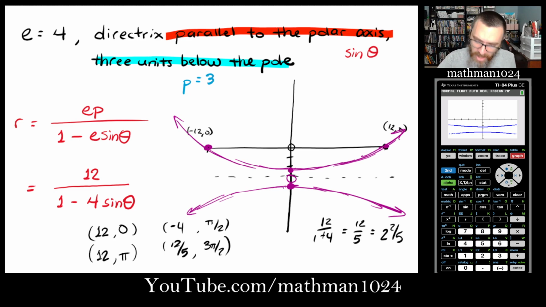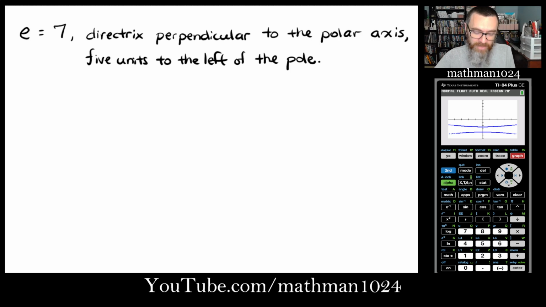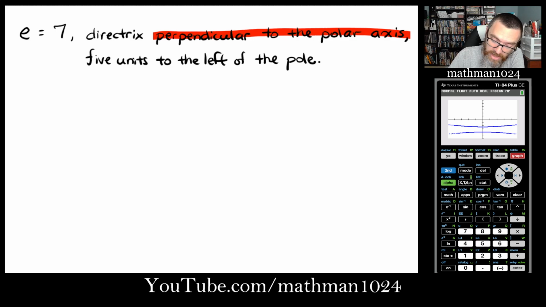Okay, let's look at the next example. If e is 7, with a directrix perpendicular to the polar axis. All right, first of all, perpendicular to the polar axis means that we're dealing with cosine of theta. We have here that we have 5 units to the left of the pole, so p equals 5.